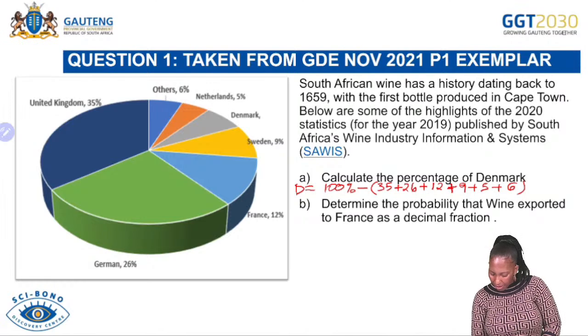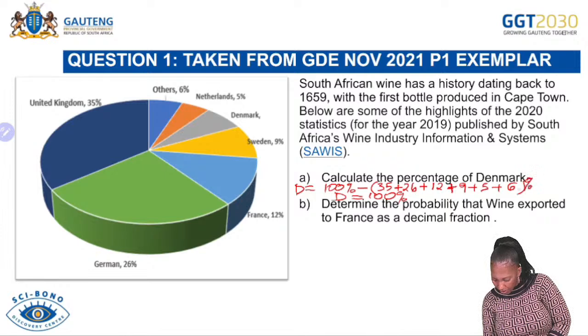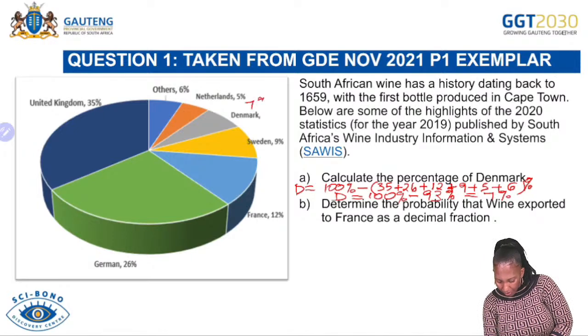That gave us 93. So that means for Denmark, D is equal to 100%. Remember, all of this is in percentage. This 100% minus 93% leaves us with 7%. So Denmark is 7%.